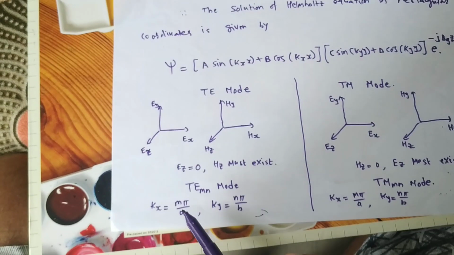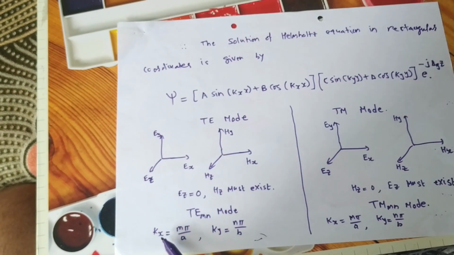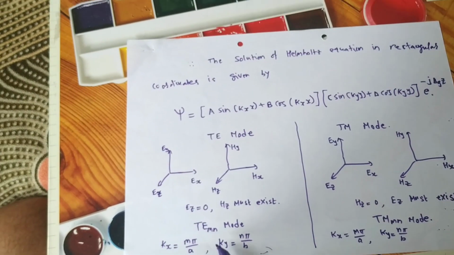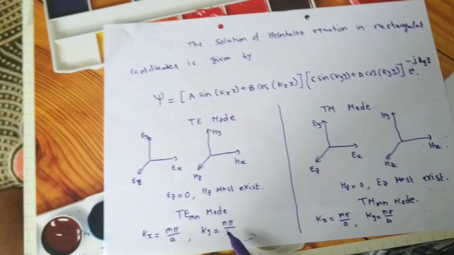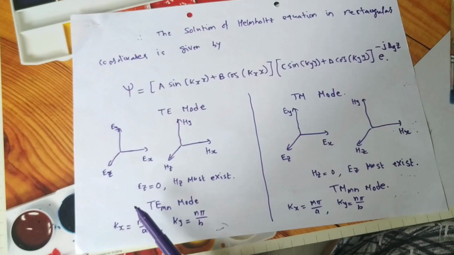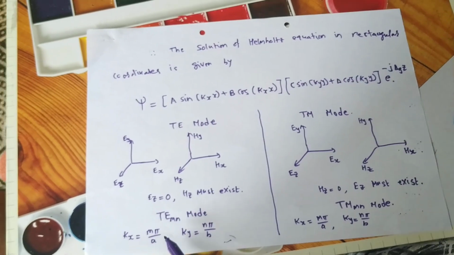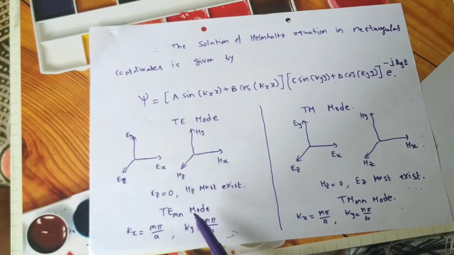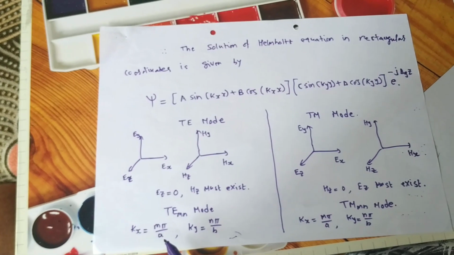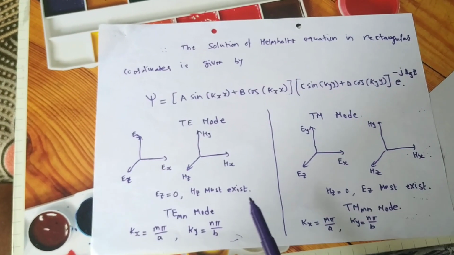Mathematically, I can write the cutoff number kx in the x direction as m pi by a, and ky as n pi by b. So this cutoff number is a function of the modes m and n, and of the physical width and height of the rectangular waveguide.